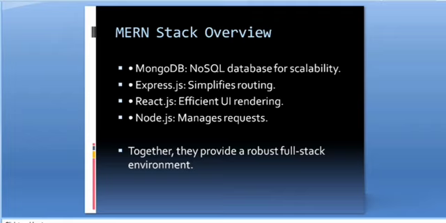The N stands for Node.js, a server environment that runs the backend and handles all the operations. The special thing about the MERN stack is that it uses JavaScript for all parts, such as the front-end, back-end, and database operations. This makes development faster and more efficient.